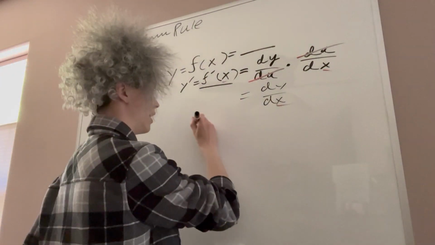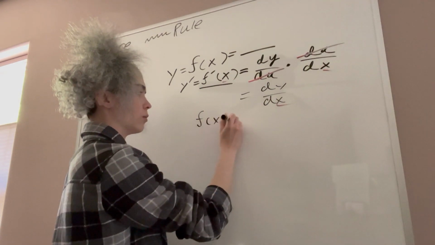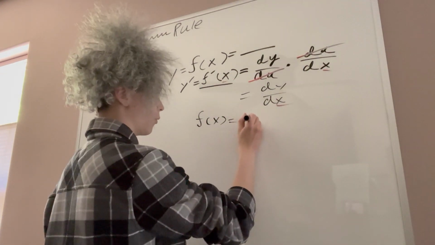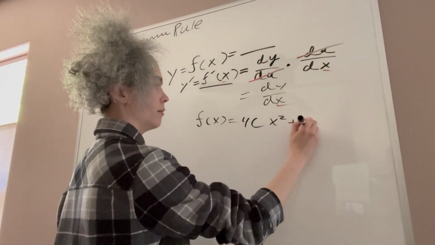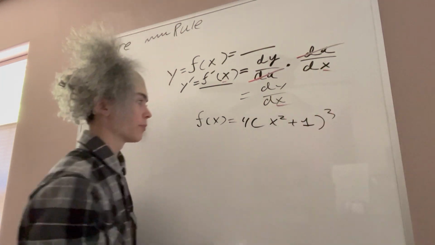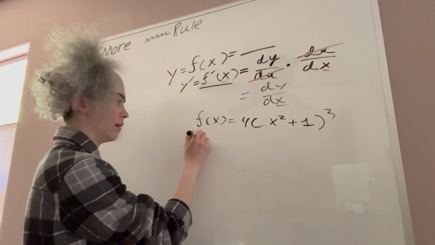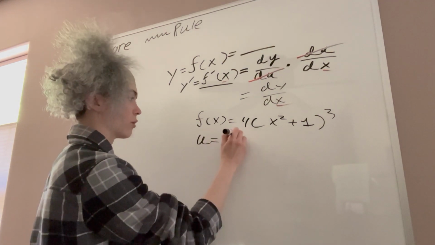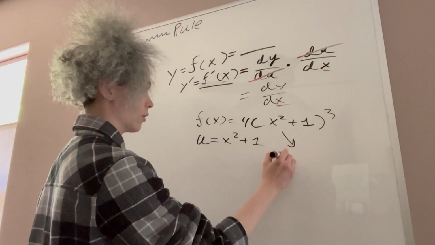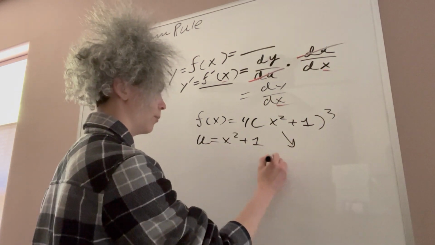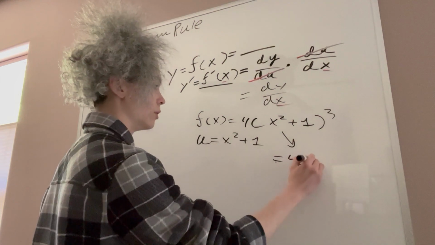So for example, if I have f of x equal to 4 times the quantity x squared plus 1, cubed, let's say u is going to equal x squared plus 1. So this is equal to 4u cubed.